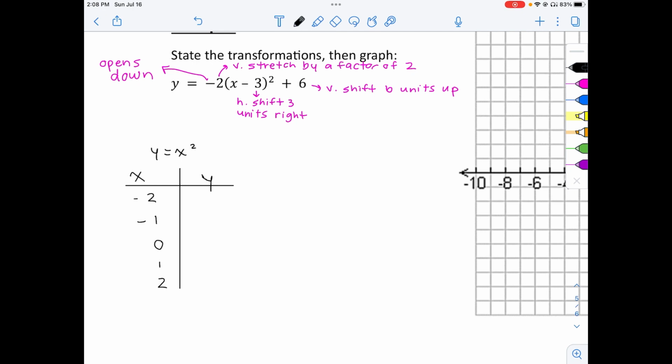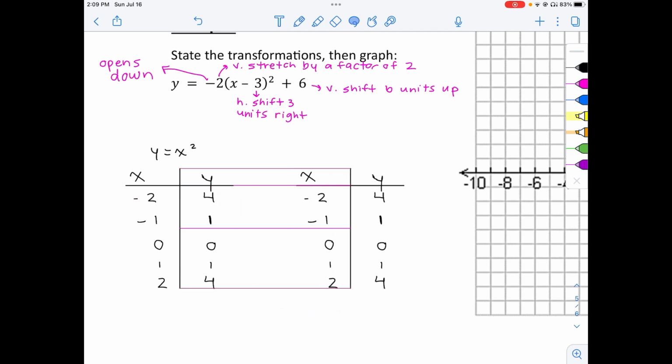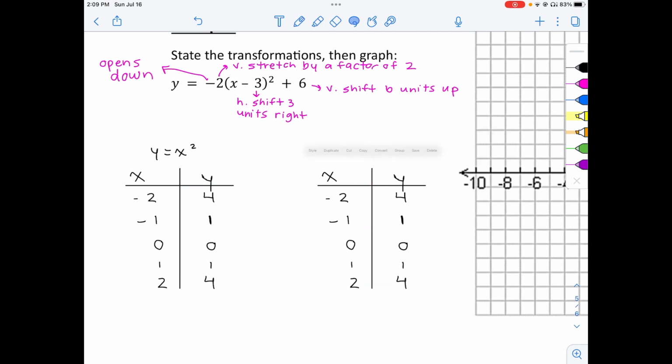I'm always going to start with those same ones because these are symmetrical around the vertex. Okay, and then I am going to be transforming those. So I'm going to just copy this over here and then just replace my values as I go.